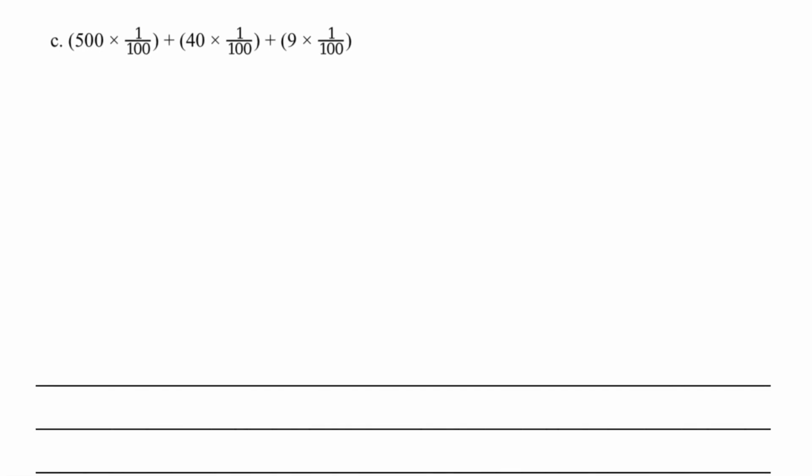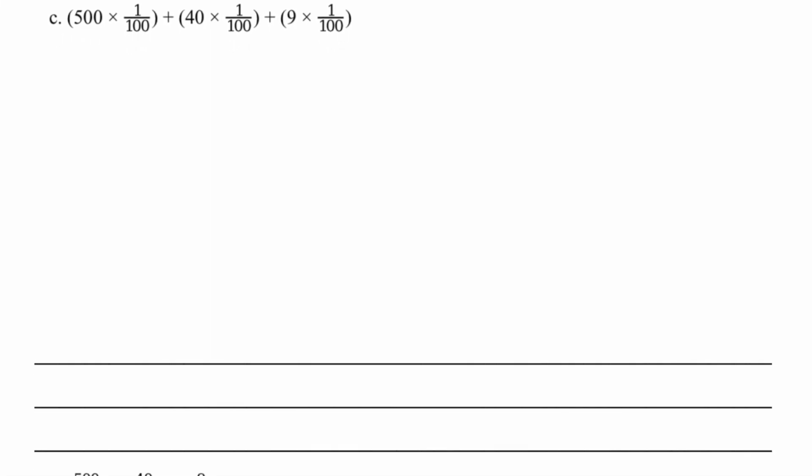C. 500 times 1 hundredth plus 40 times 1 hundredth plus 9 times 1 hundredth. D. 500 thousandths plus 40 thousandths plus 9 thousandths.